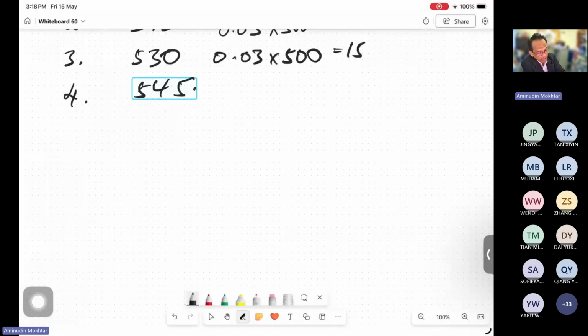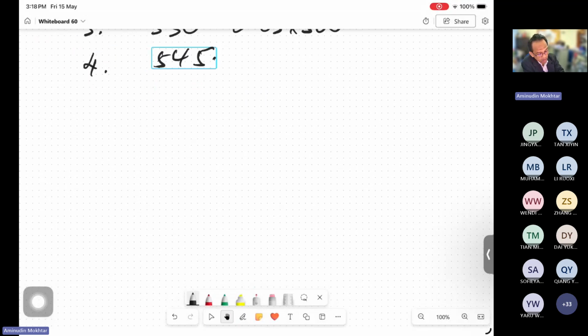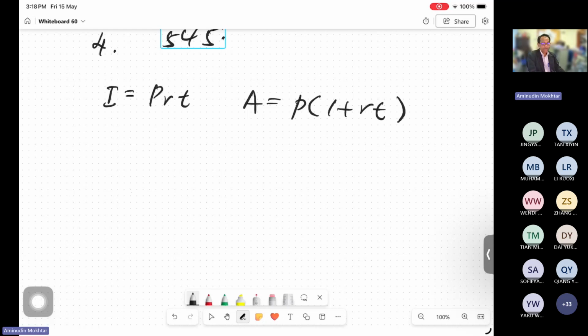So based on the formula for interest rate, if you can see on page 2, we can say that I equal to PRT and A equal to P(1 plus RT). So now P equal to 500, R equal to 0.03.